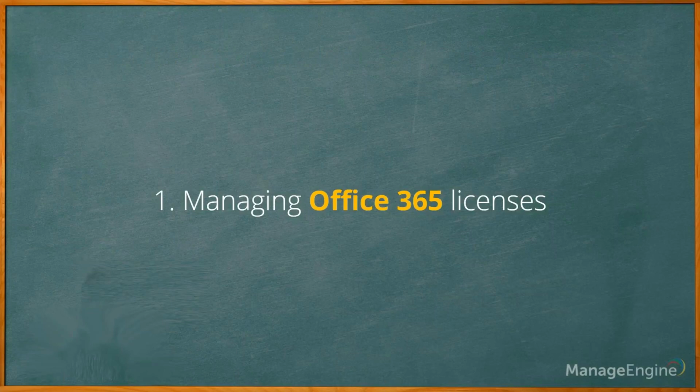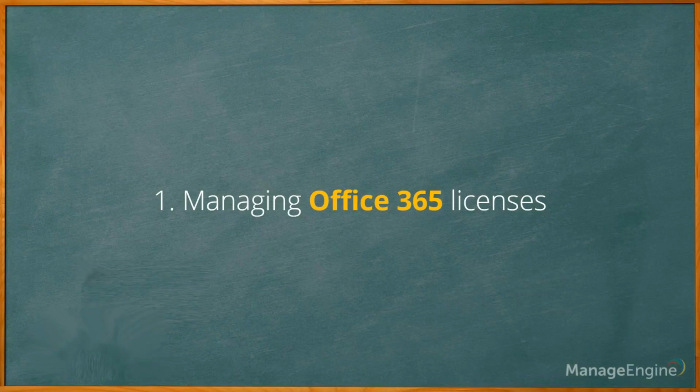So we'll discuss important uses of asset management with a few real-time examples moving further. Here's the first use case that I have taken, which is managing Office 365 license. Managing software license is one of the important aspects in asset management.